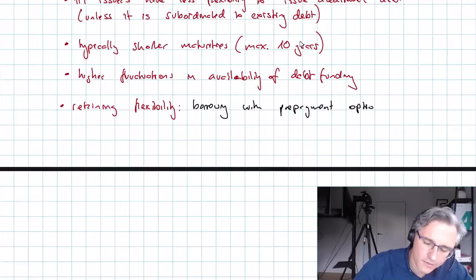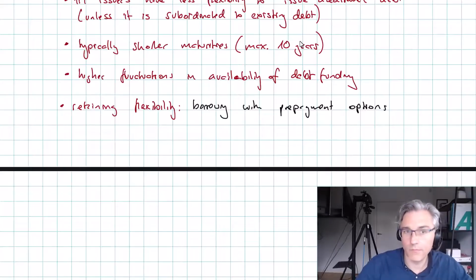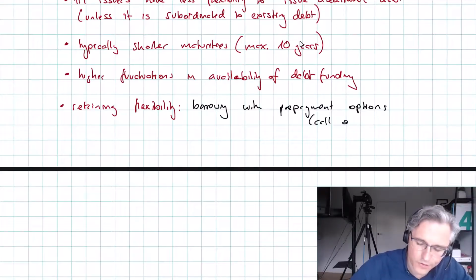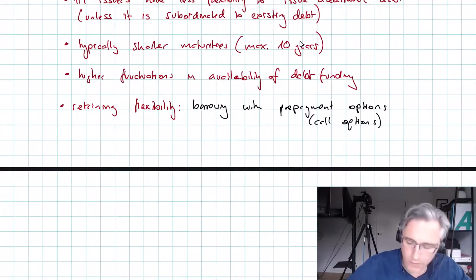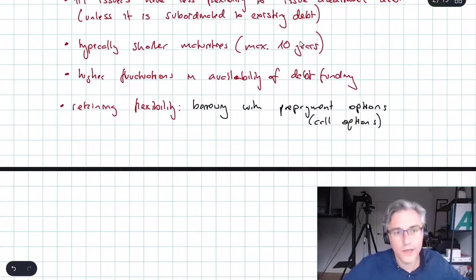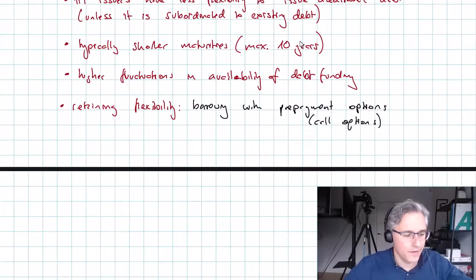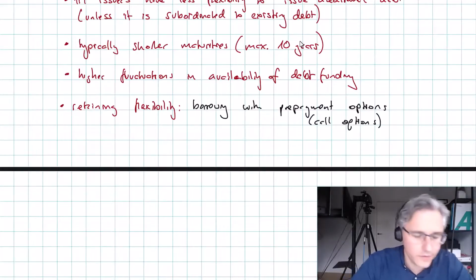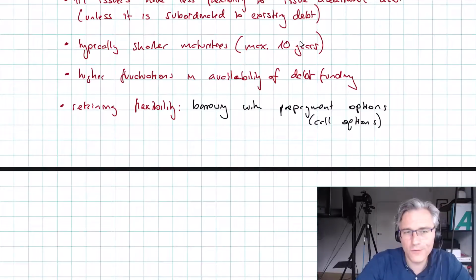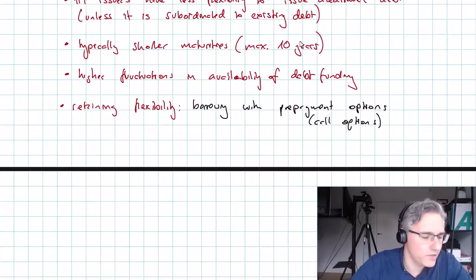In the case of bonds issued, you're going to find call options often being built into the issue. Let me remind you that a call option is an option to repay or redeem the bond, pay it off ahead of the official scheduled maturity date.